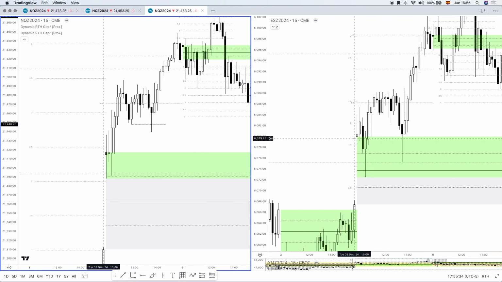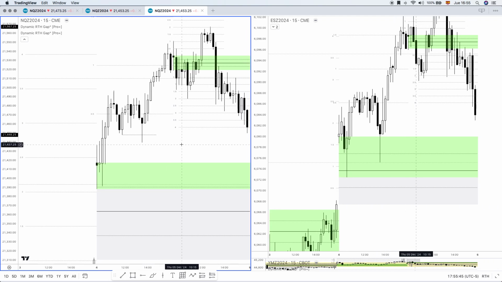So because ES reached this level of this gap, it's telling me that it's not that strong like Nasdaq is. Okay, so look at what the market did. Nasdaq was moving higher and cleaner.